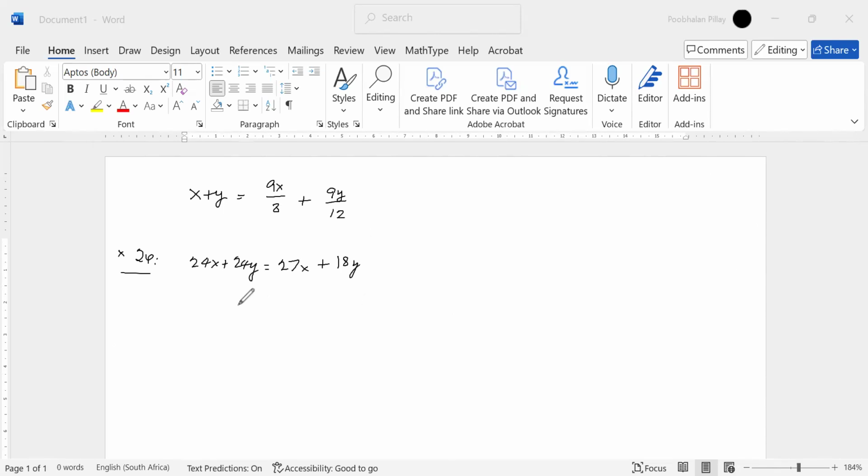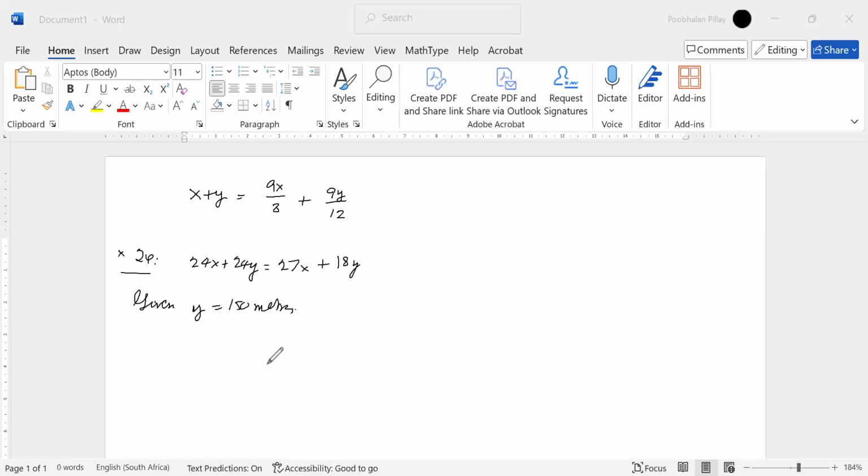And so now you can bring all the x's to one side. By the way, the question also said that y is given as 150 meters. I'll go back to the question later on. So let's bring all the x's to one side.